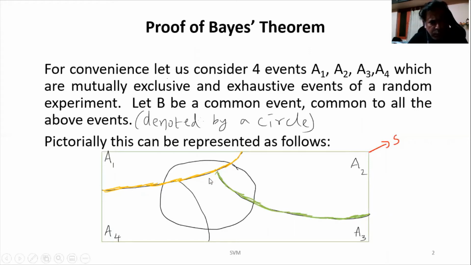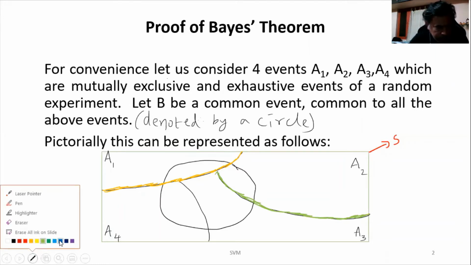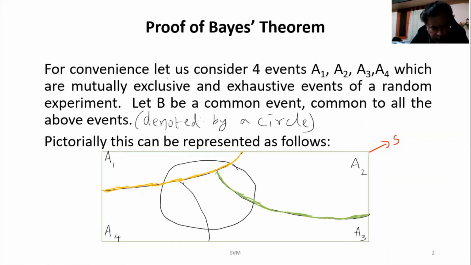This portion is A1, this portion is A2, and then we'll also have another color to distinguish. Let's take this blue color. Whatever I'm shading now, this is our A4.